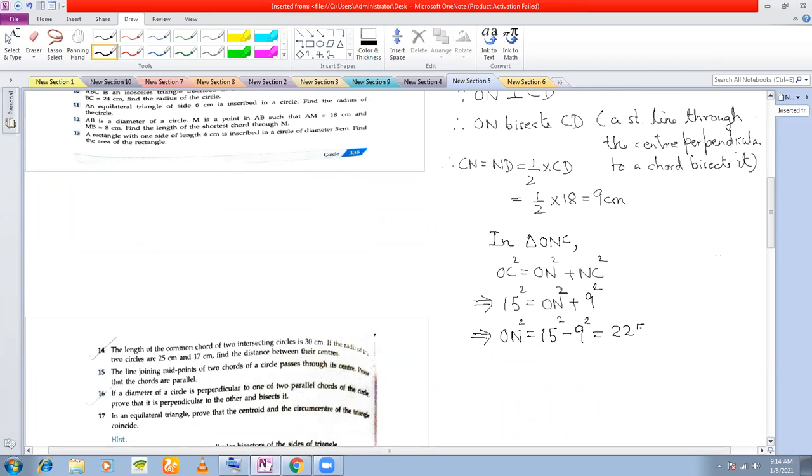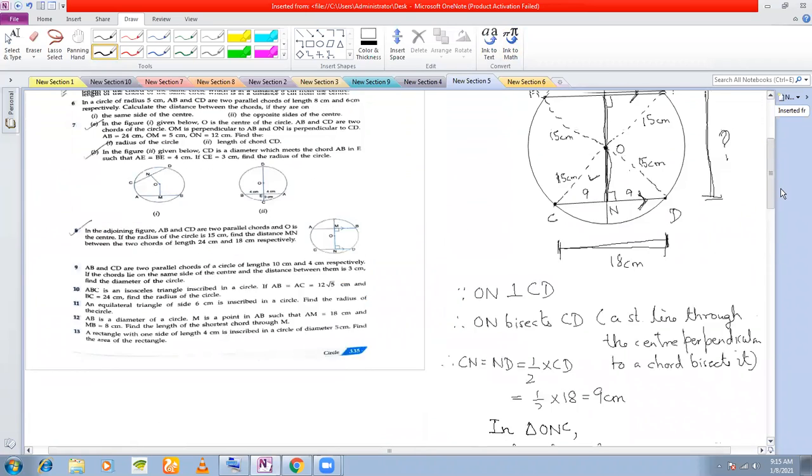So this is 225 minus 81, and 225 minus 81 is 144. So therefore, ON is square root of 144, which is equal to 12 centimeters. Okay, so we have got the length of ON.